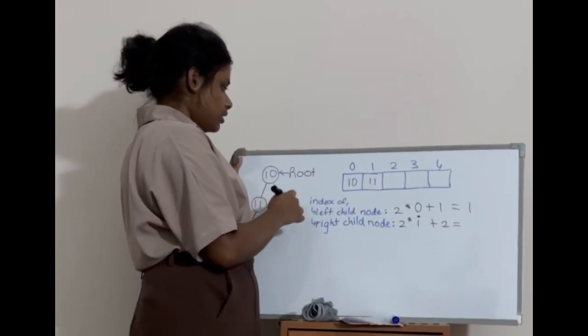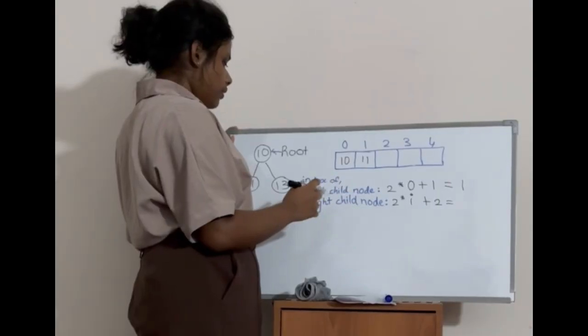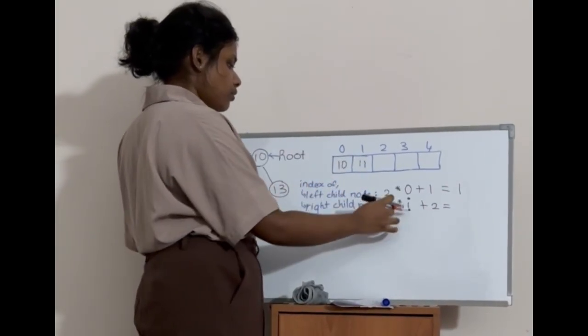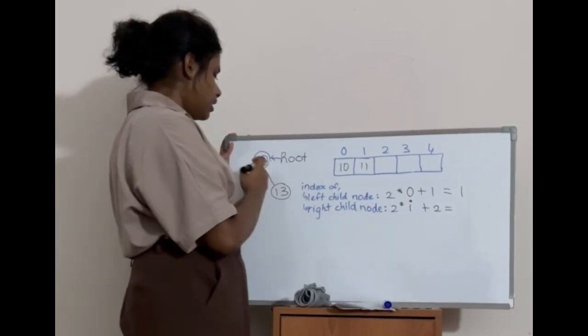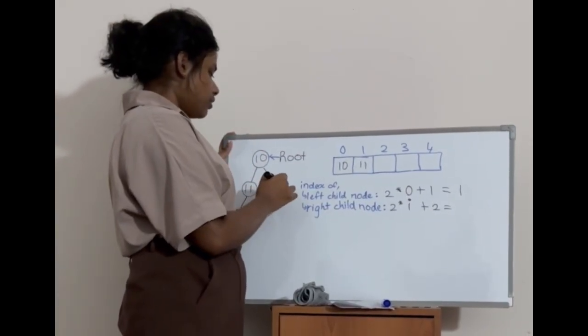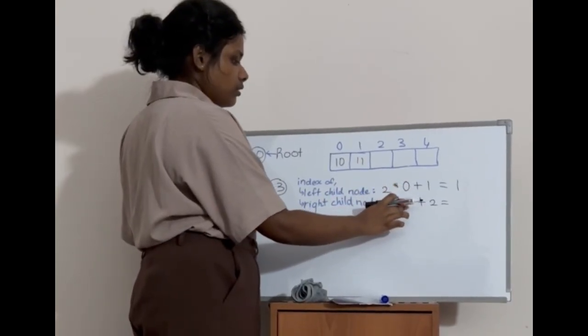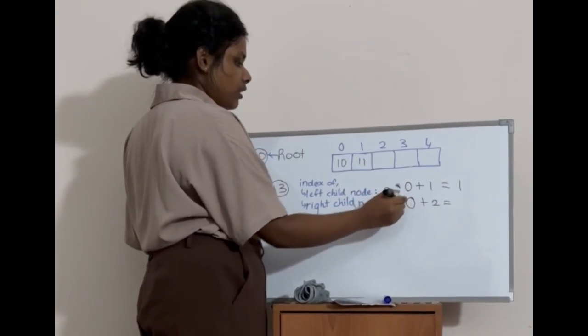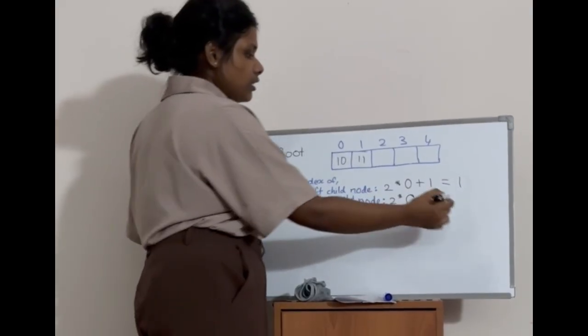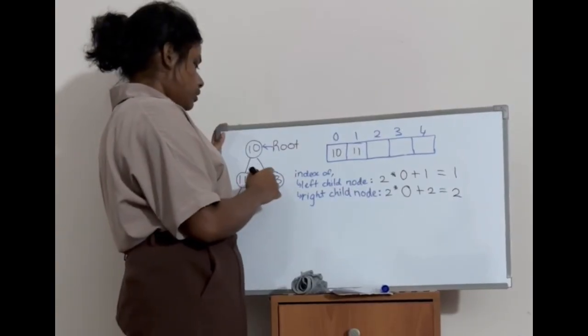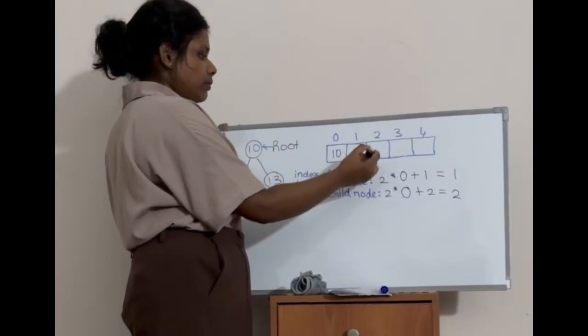And as for 13, we can find the index by solving this equation because it is the right child node of 10. So we can again replace I with 0 and solve this equation to get 2. So the index of 13 will be 2.